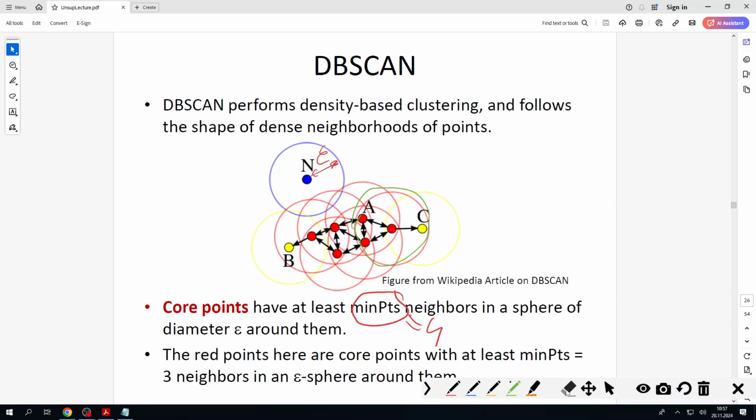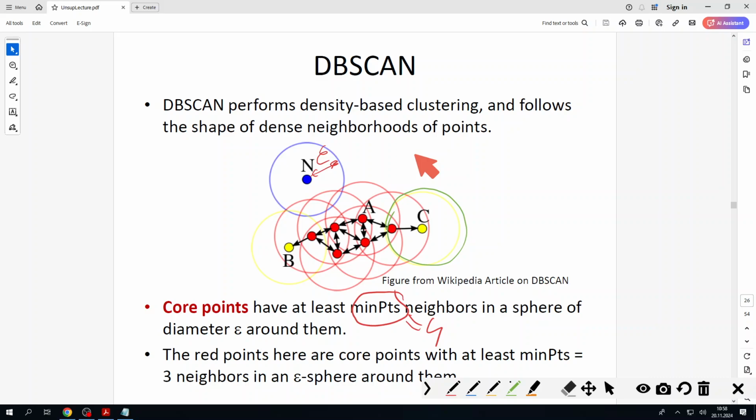Because if we check the next point area, this one, you can see that this point no longer has at least 3 neighbors, or even 4 neighbors actually. So that means it's technically belonging to the cluster because it was belonging to the cluster in the previous sphere, but it has no new extra points to add to this cluster.